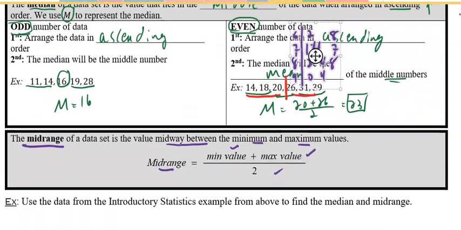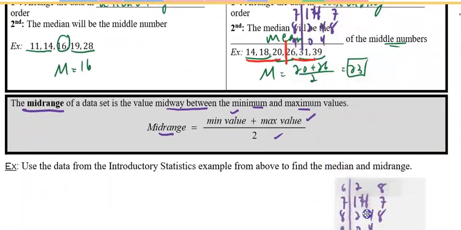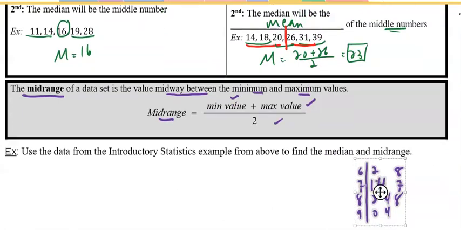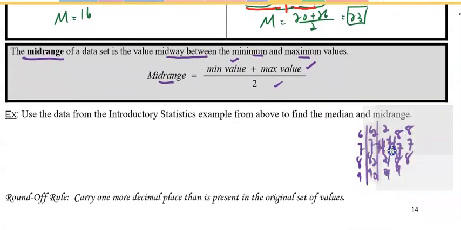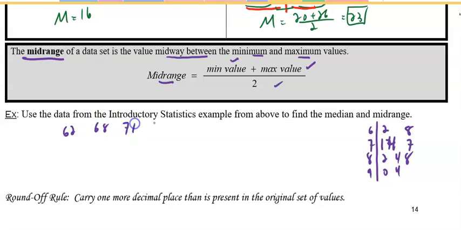If I take this data and put it in a stem and leaf, this is the best way to organize data. Stem and leaf plots are really useful. So if I put those in order now: 62, 68, 71, 74, 77, 82, 84, 88, 90, and 94. 10 of them.